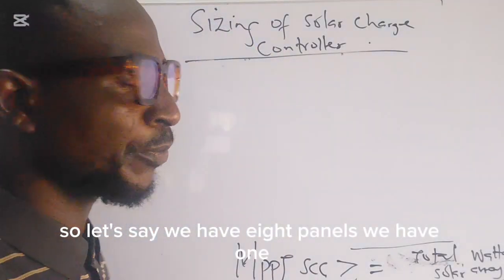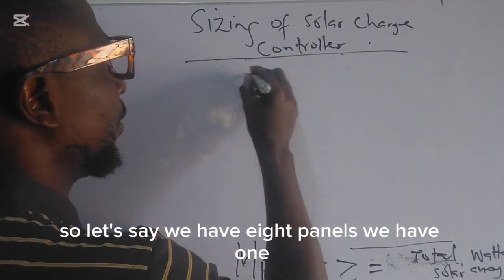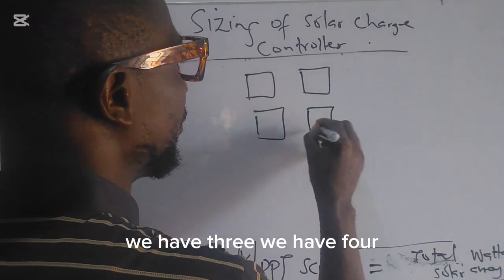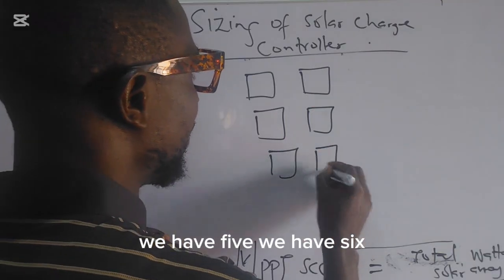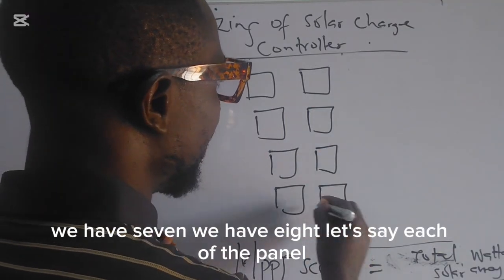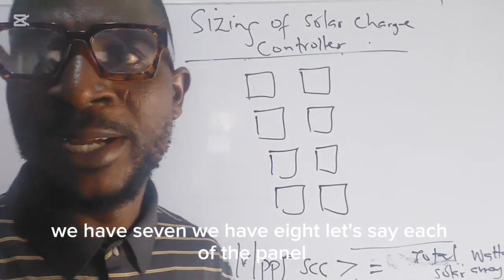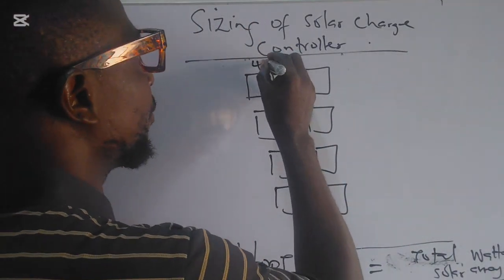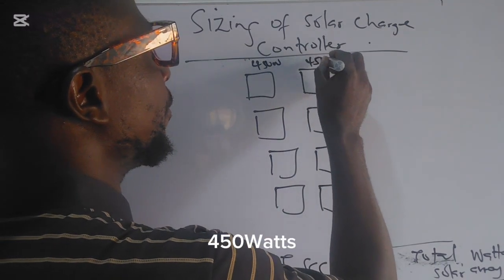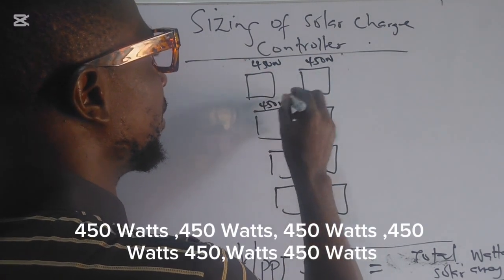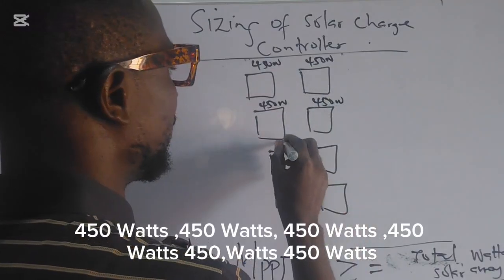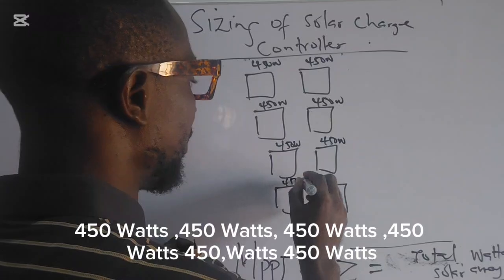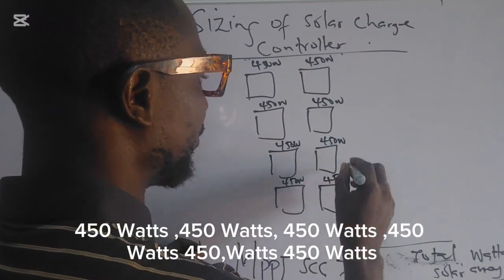So let's say we have 8 panels: 1, 2, 3, 4, 5, 6, 7, 8. Let's say the wattage of each of the panels is 450 watts.